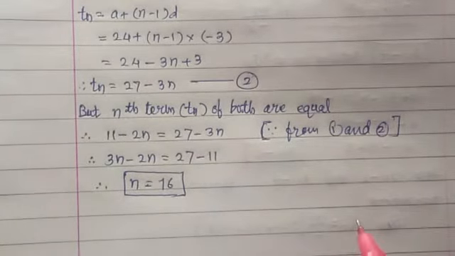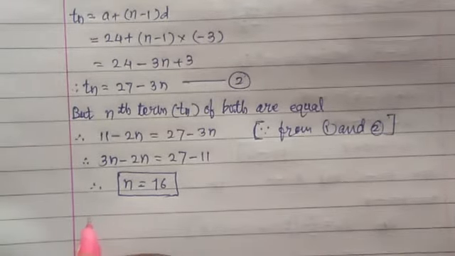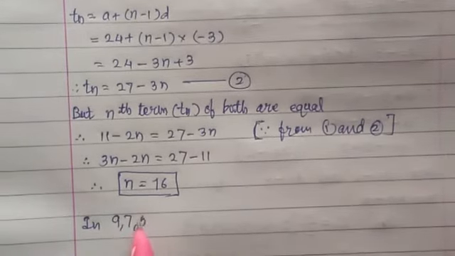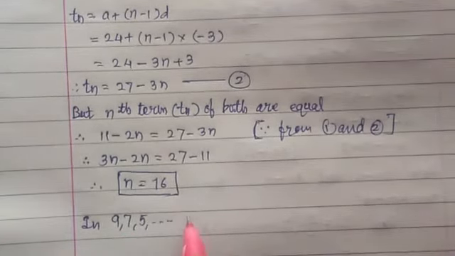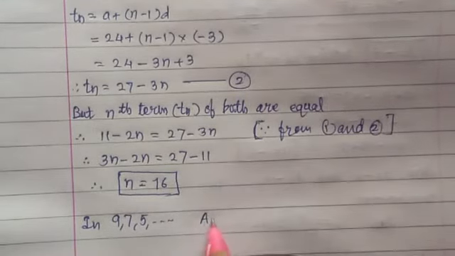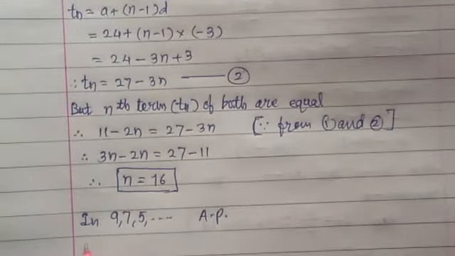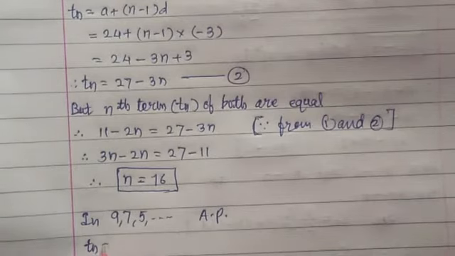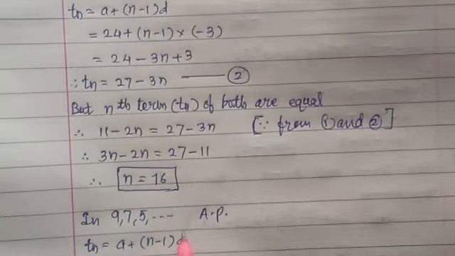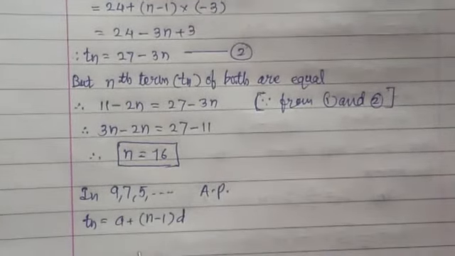After that, take the first AP, 9, 7, 5. In this AP we know the Tn is equal to A plus n minus 1 into D, and hence we have this.